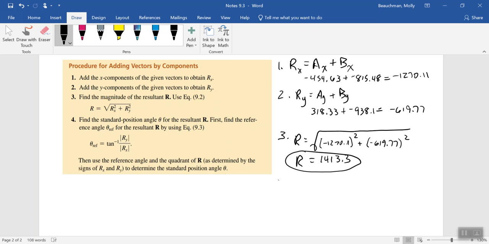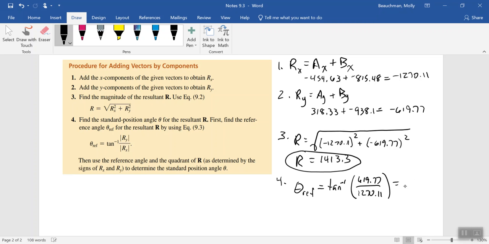And then step 4, to find the reference angle, that's going to equal the inverse tangent of the absolute value of my y component, which is positive 619.77, over the absolute value of 1270.11.